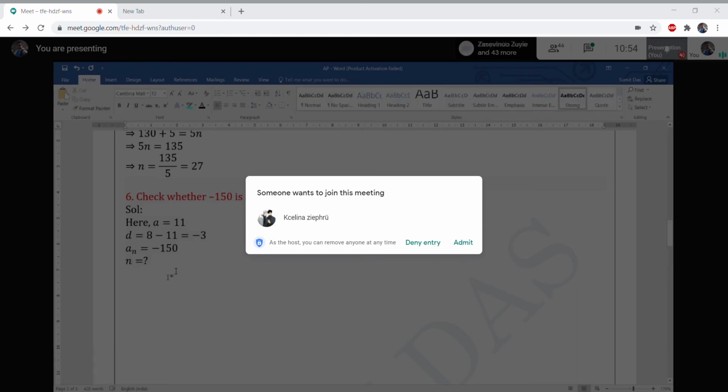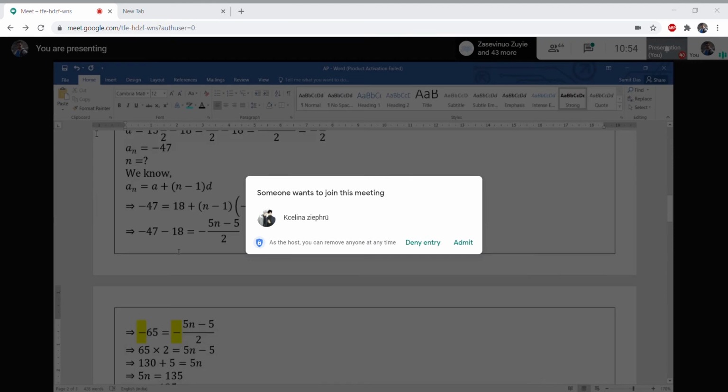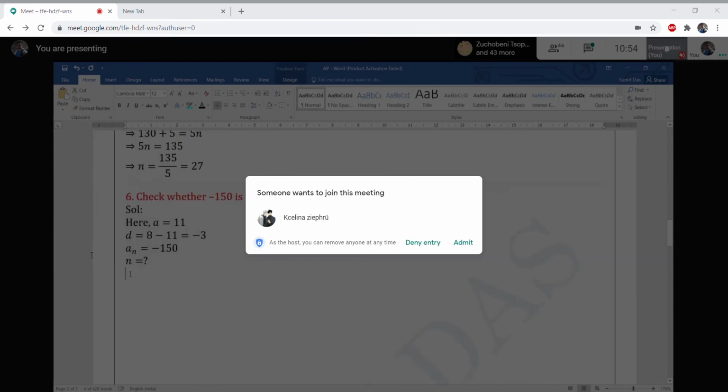So put the values. Minus 150 equal to a, which is 11, plus n minus 1 and d value is minus 3. Simplify.